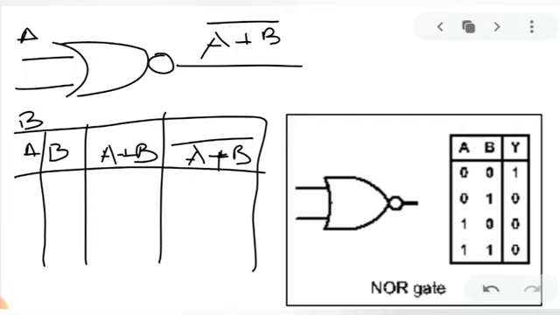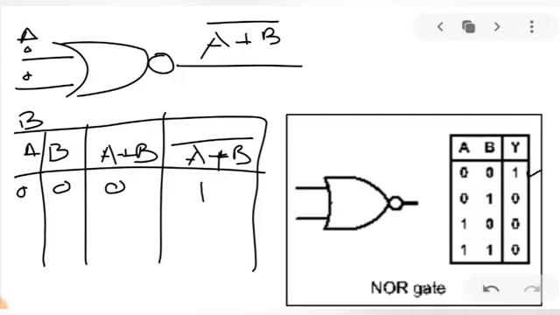The first condition is 0 0. When we are providing 0 input, low logic, for an OR gate, 0 plus 0 is 0. And what is the bar of 0? The output will be 1, as shown over here.